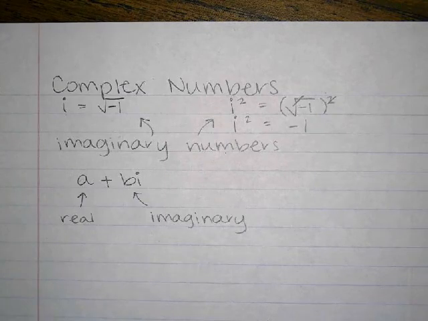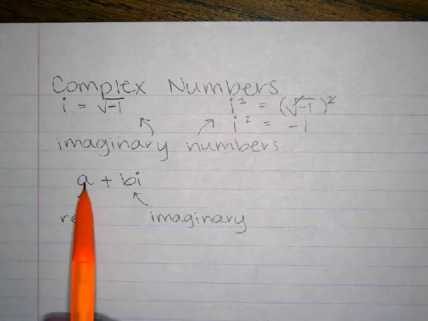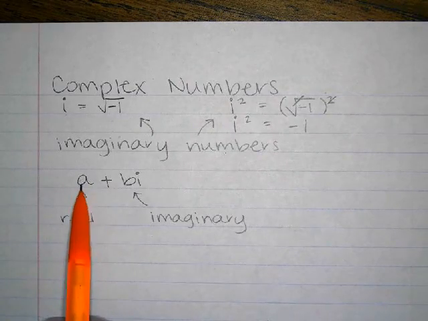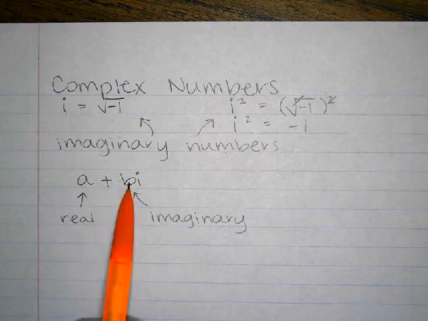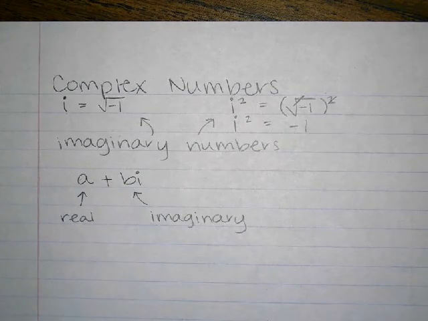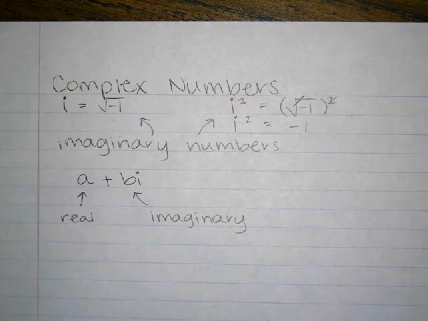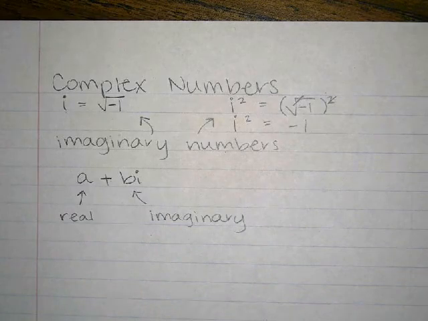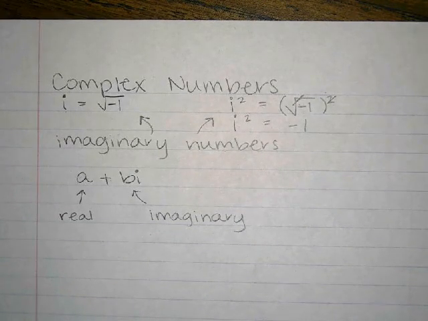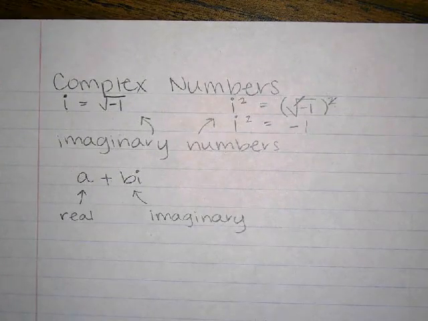An example could be 8 plus 3i in parentheses, maybe subtract 7 plus 4i, also in parentheses. And that would be one complex number subtract another complex number. Yeah, and we'll do problems like that. They're actually very easy to work with.